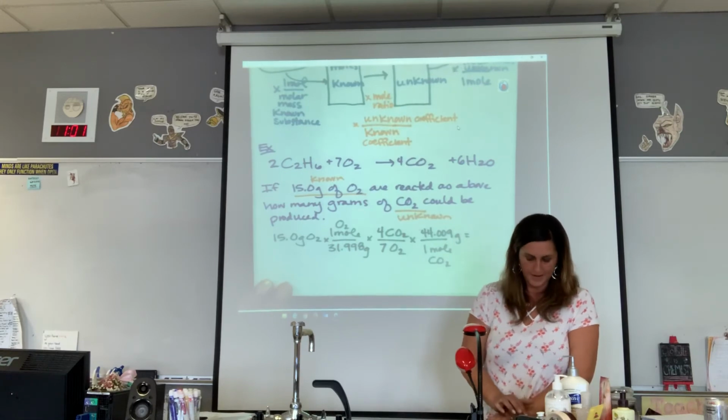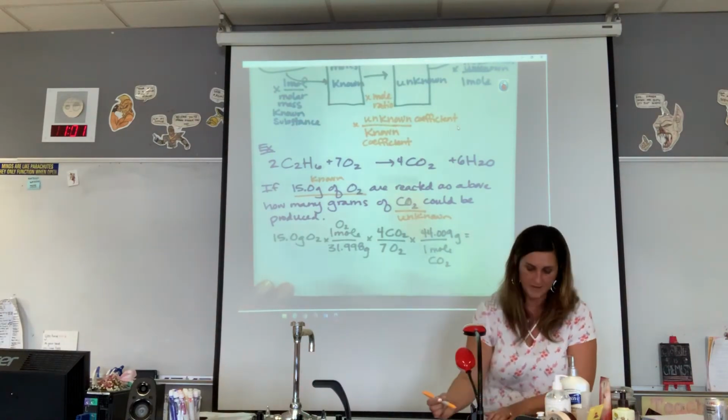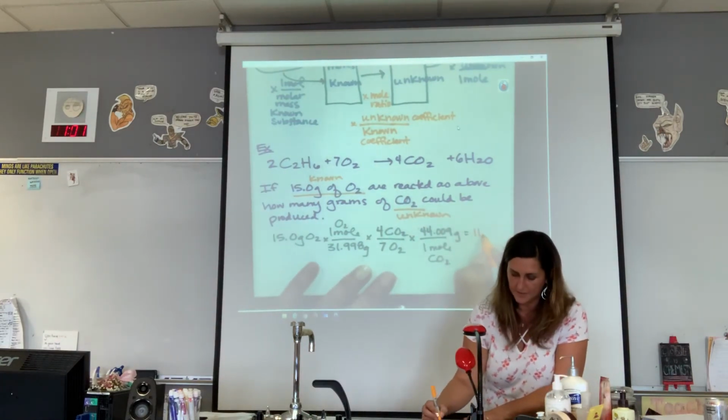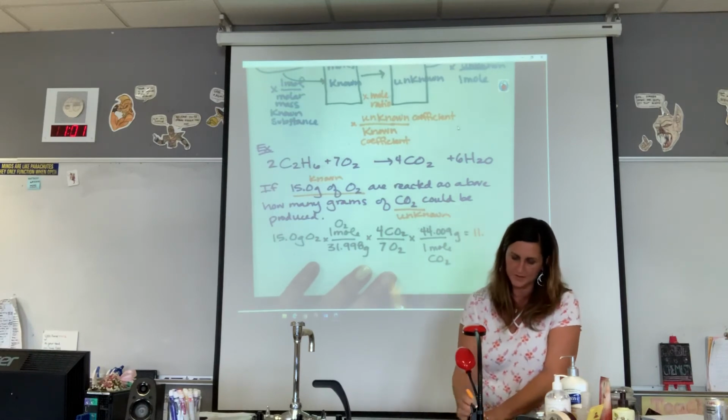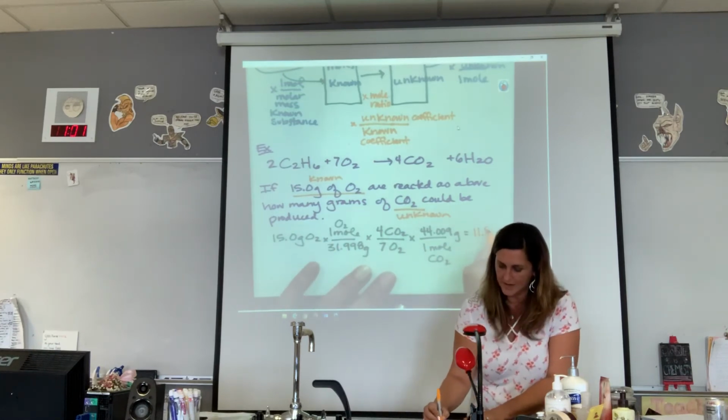And then I'm going to divide by 31.998 and divide by 7. For my answer, I will get 11 point, how many sig figs? I have 3 sig figs, so 11.8 grams of CO2.